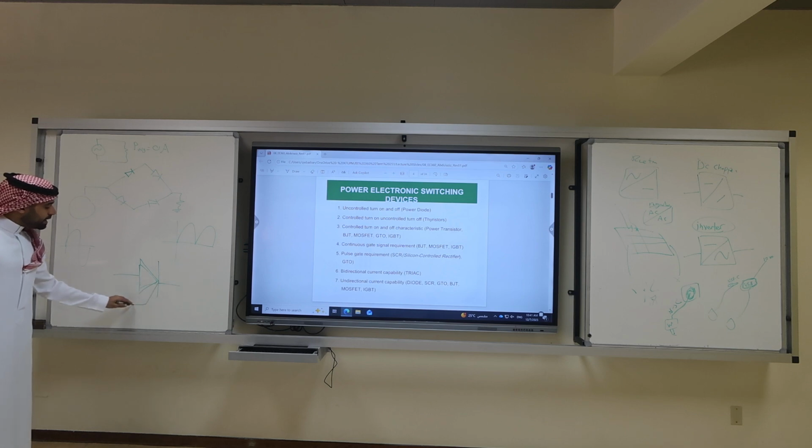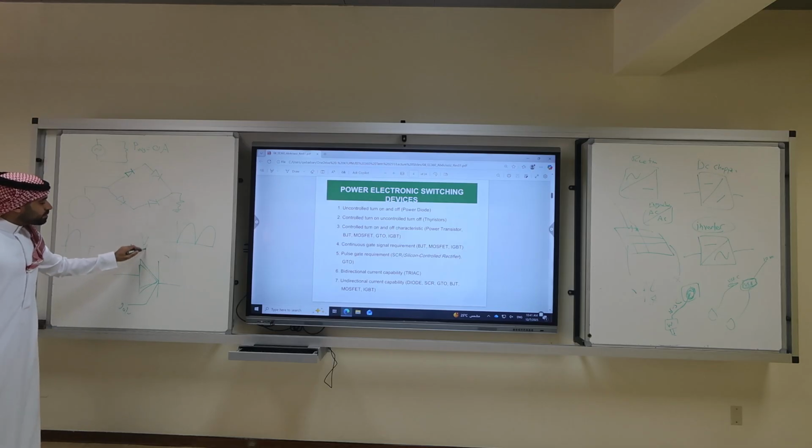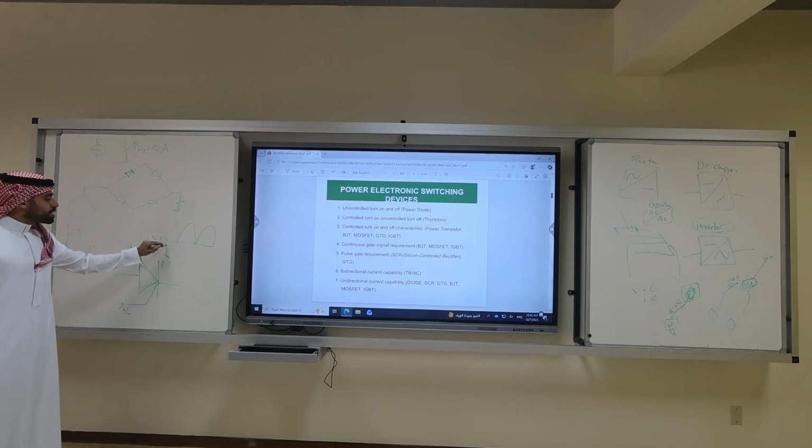If you add a gate, if you apply... this is A, this is B. If VAB is above V threshold, it will not turn on.